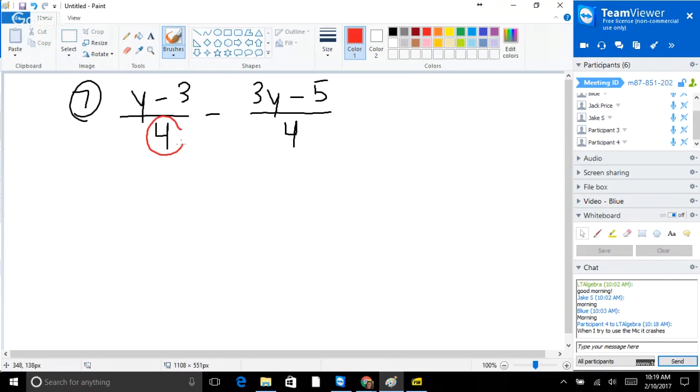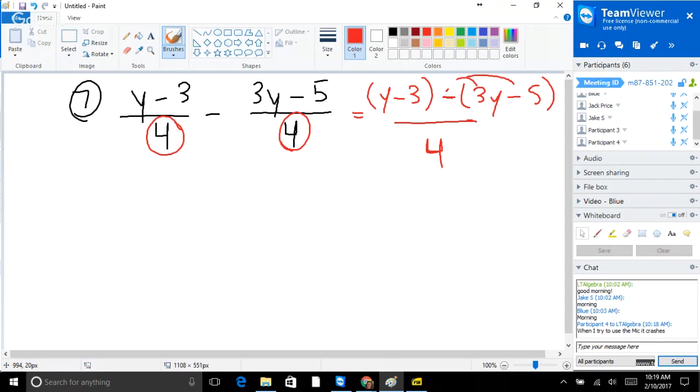Okay, so 4 and 4 are common denominators. So that's good. We don't have to deal with the denominator, right? So it's going to be 4. And we have y minus 3. And you can put that in parentheses if you want. Minus 3y minus 5. Okay, so this subtraction is going to apply to both of these terms.